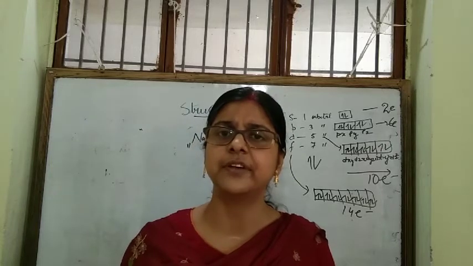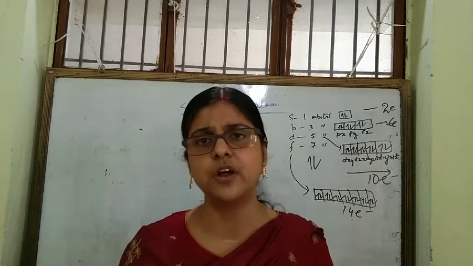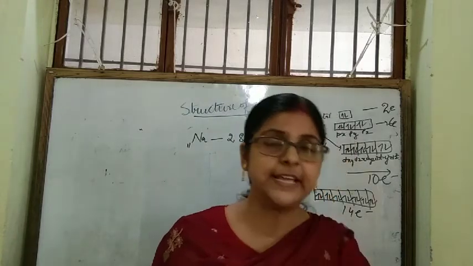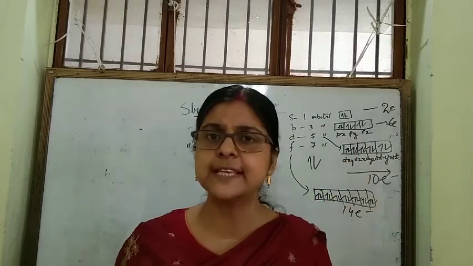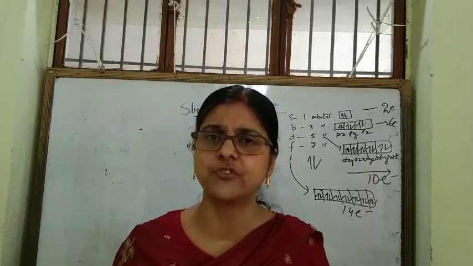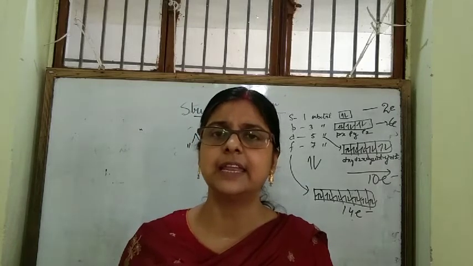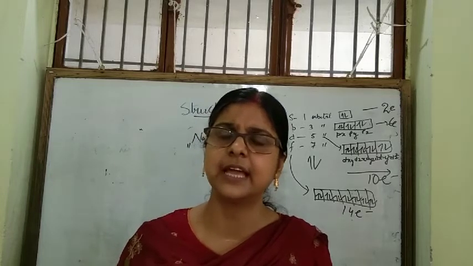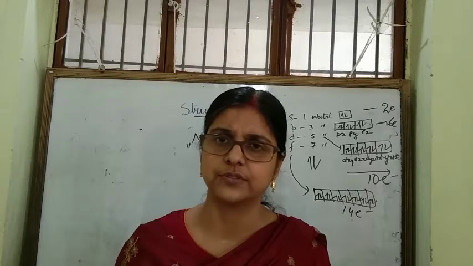In the s subshell, there is only 1 orbital. So, the s subshell can accommodate only 2 electrons. The p subshell can accommodate 6 electrons. The d subshell can accommodate 10 electrons. And the f subshell can accommodate 14 electrons.